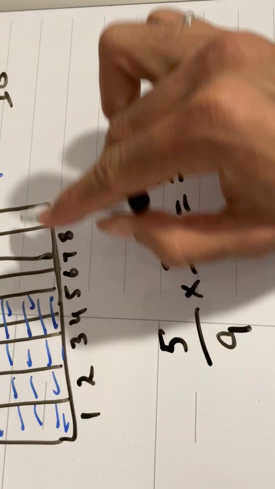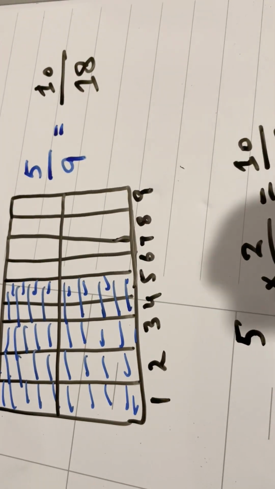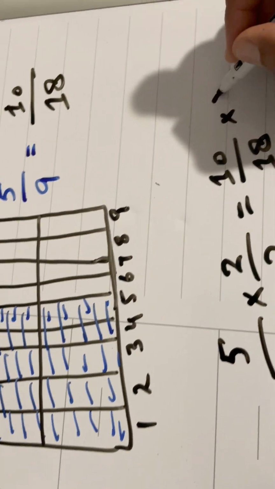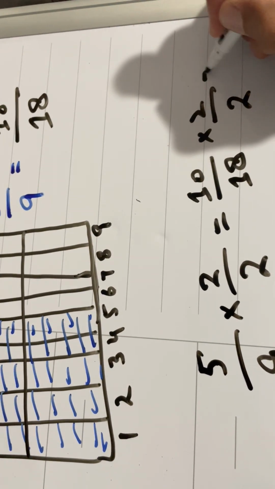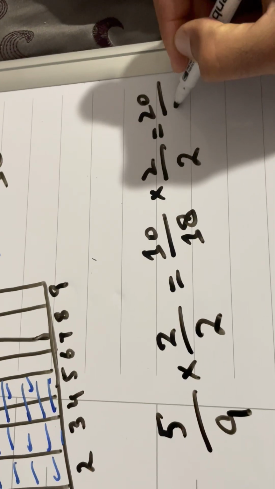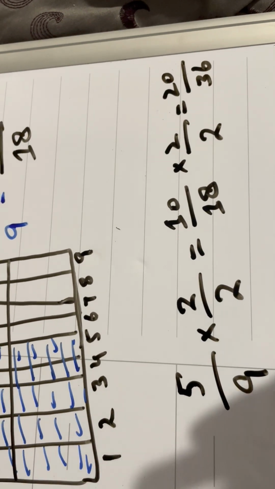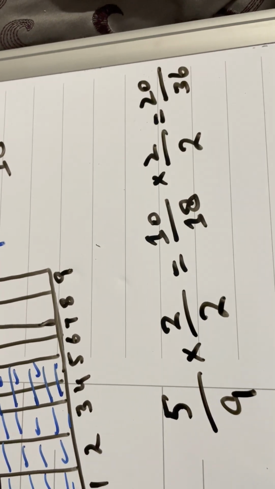Similarly, if we further divide this bottom part into half and the top part into a further half, then it will be further multiplied by 2 and 2 on each part. That will be 20 over 36, right? So it means 5 by 9 is equal to 10 by 18 is equal to 20 over 36.